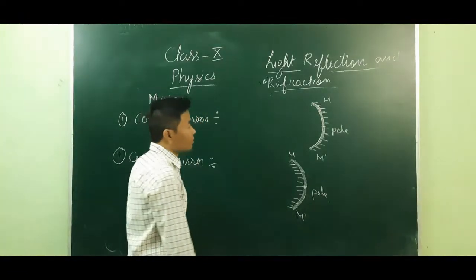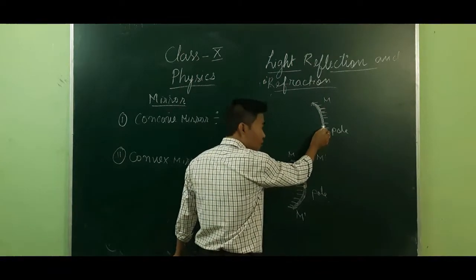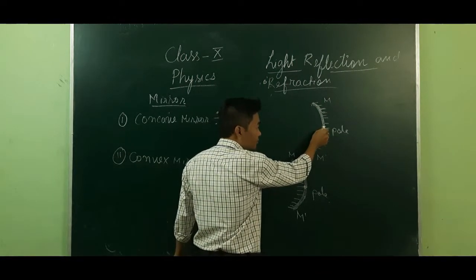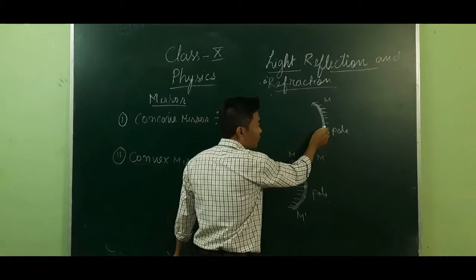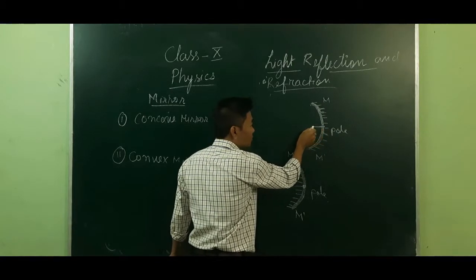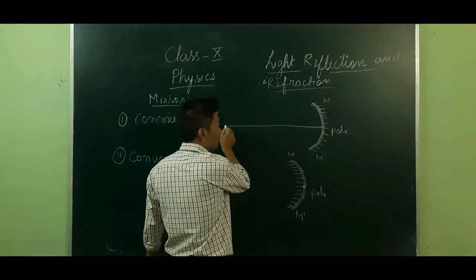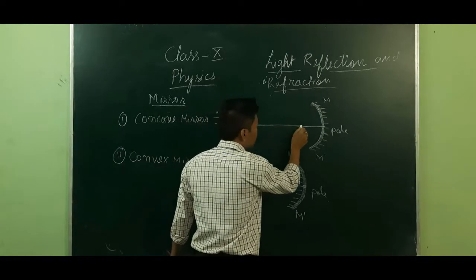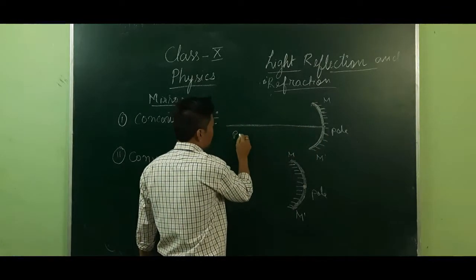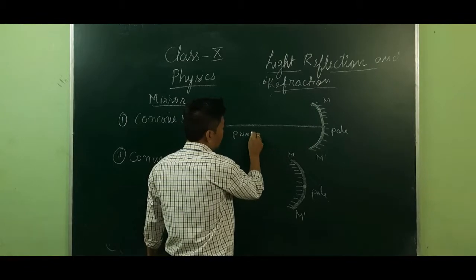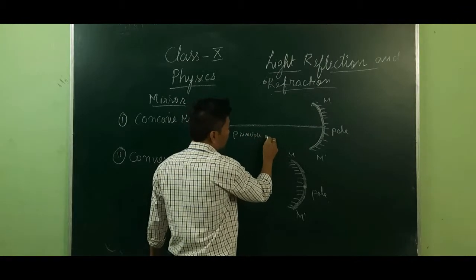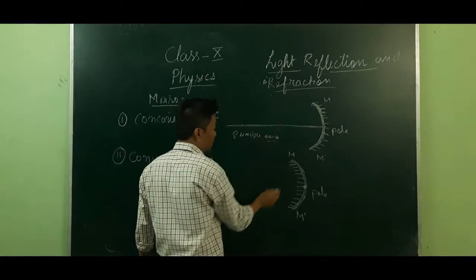Okay, so there is a straight line which is drawn from the pole, and this straight line is known as the principal axis. Principal axis. These are the parts of the mirror.